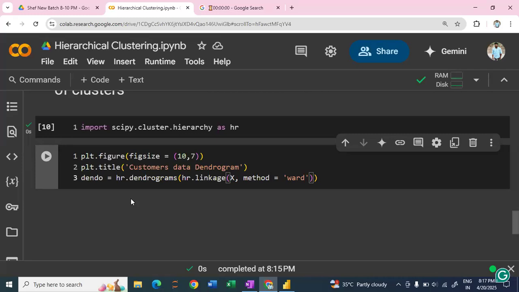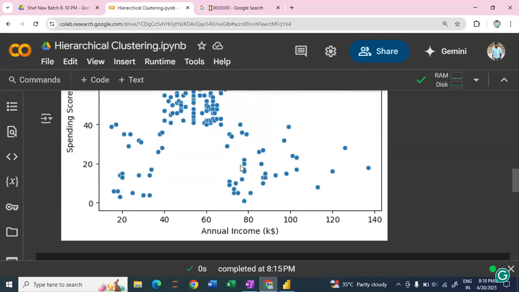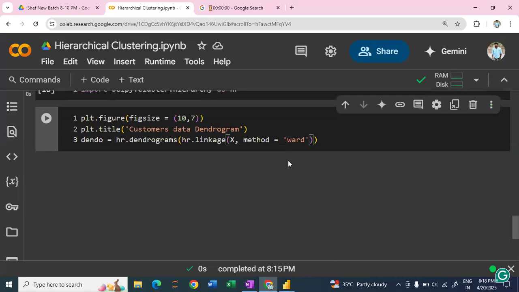So basically the linkage determines how the distance between clusters is calculated in hierarchical clustering. So we are using ward. It is ideal for compact and spherical clusters, sometimes not circular, but somewhat spherical. Why? Because we have already seen that whenever our clusters are generated, they are spherical. See, it's not in a circular motion. That's why we are using ward.